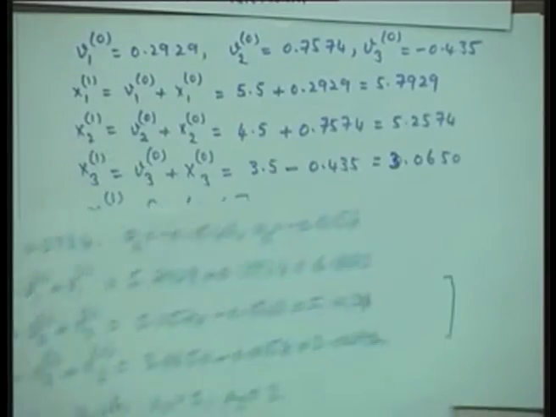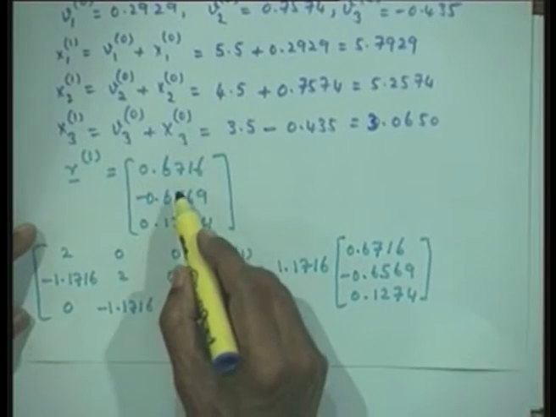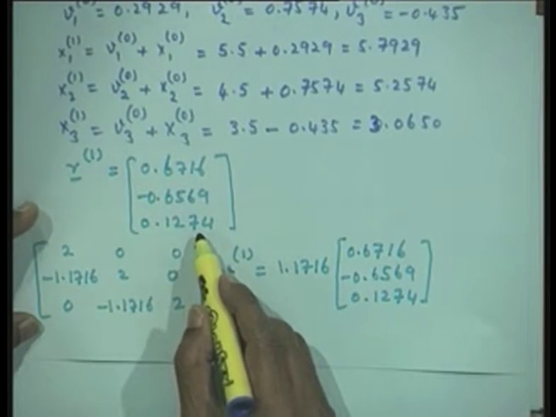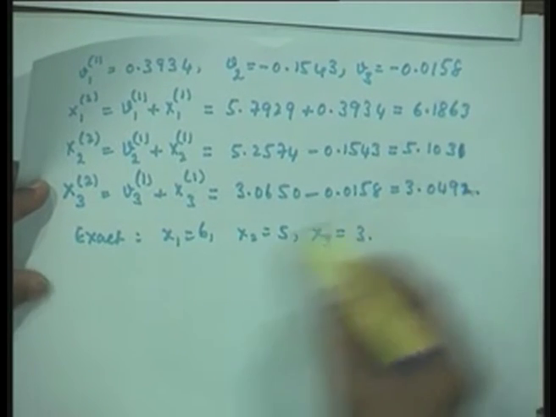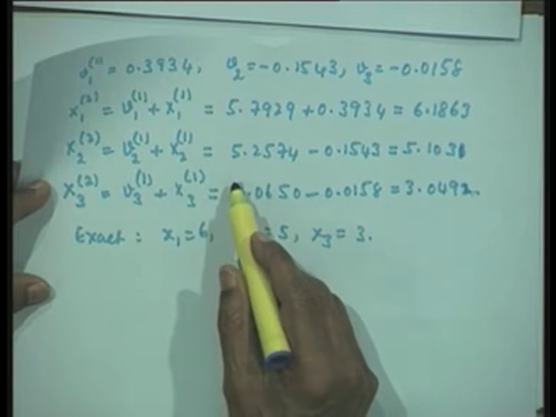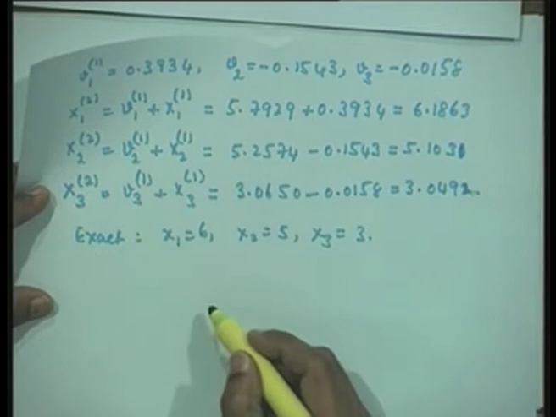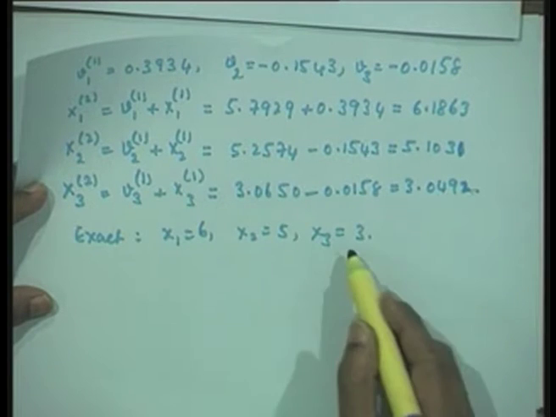When we have gone to the first step, the error in satisfying the equations was 0.6716, minus 0.6569, 0.1274. Now, the solution has moved faster, and has come almost close to the exact solution in the second iteration. If you find the error R2, you will find that this value is very, very small. Therefore, the convergence compared to Gauss Seidel is much faster.